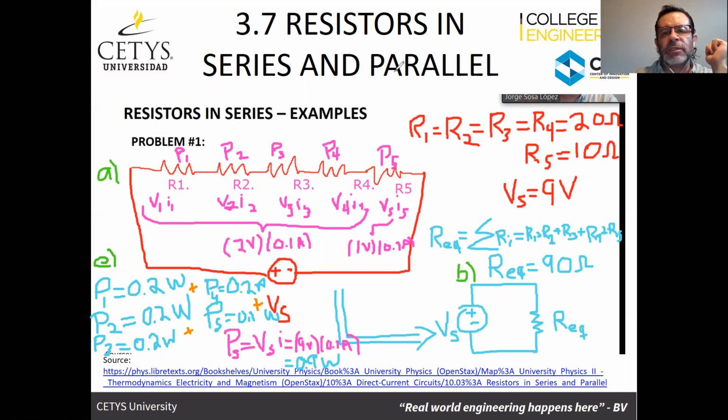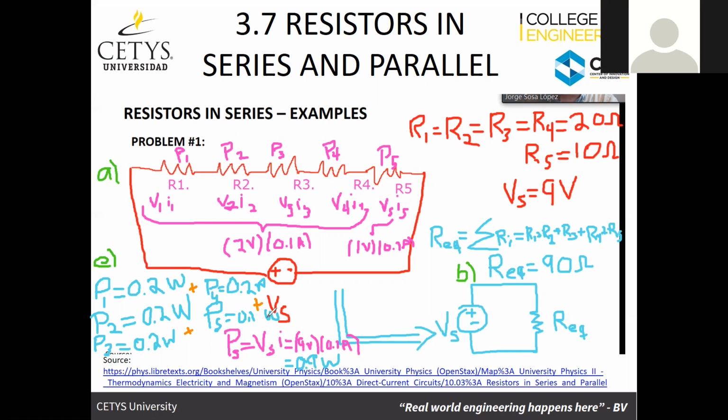Questions with this one? Do you have to add all the watts at the end, or leave them like that? No, what we're saying is that remember the power in each resistor, that's the passive. And so 0.2 plus 0.2 plus 0.2 plus 0.2 plus 0.1 is 0.9.